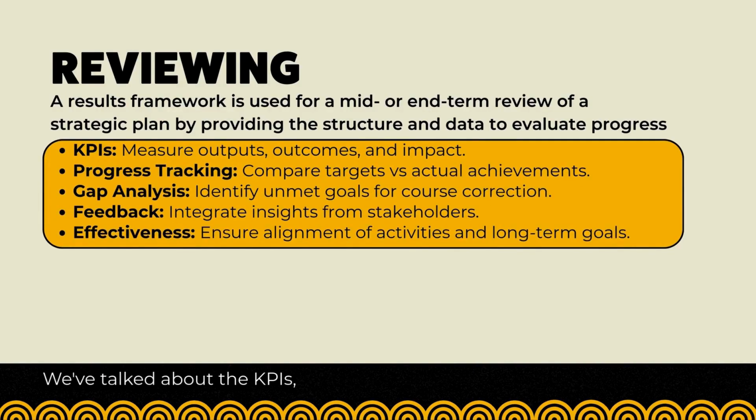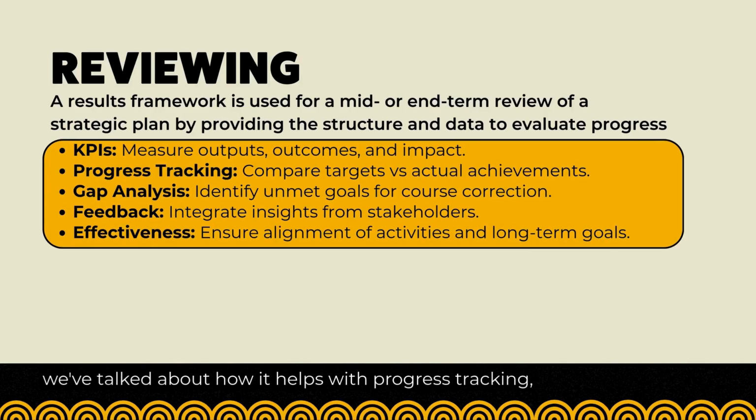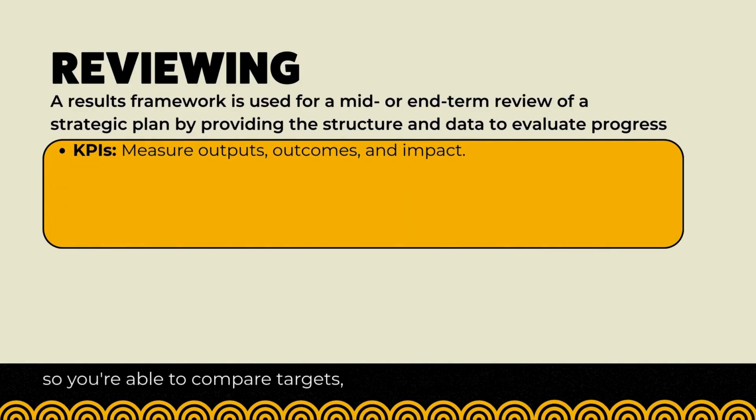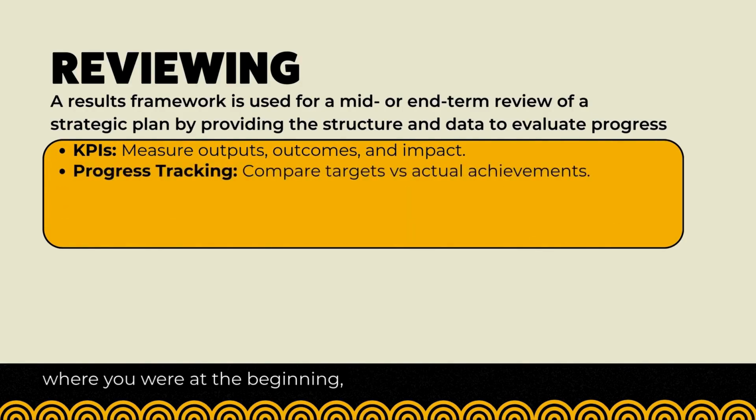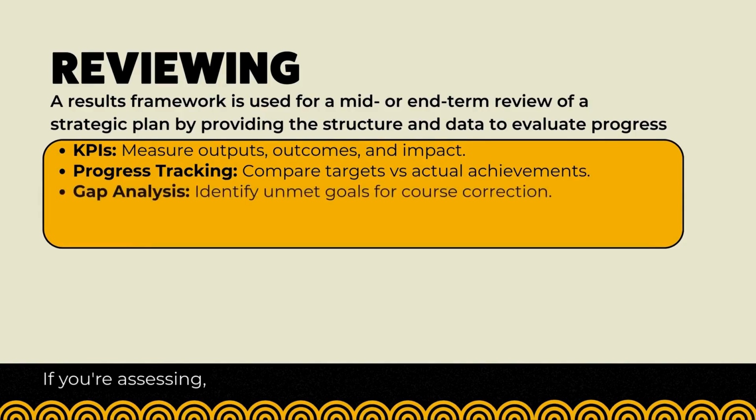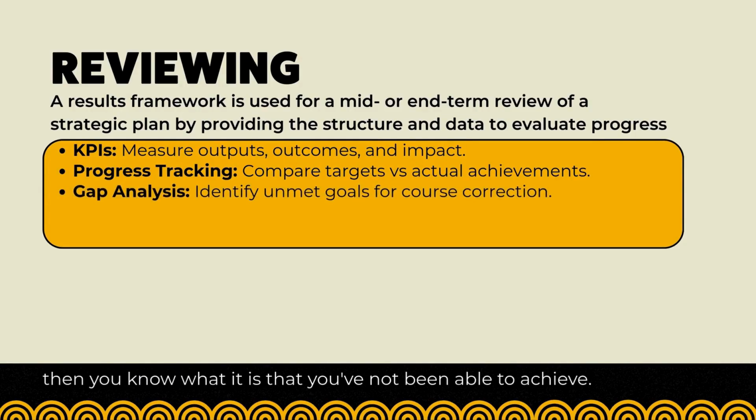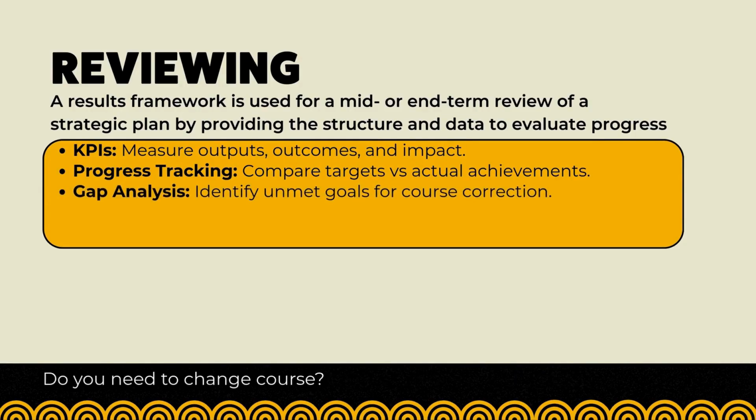We've talked about the KPIs, we've talked about how it helps with progress tracking, so you're able to compare targets, where you were at the beginning, where you are at midterm. It also helps you to understand where the unmet goals are. If you're assessing, then you know what you've not been able to achieve. Do you need to change course if for whatever reason you haven't achieved what you've set out to?